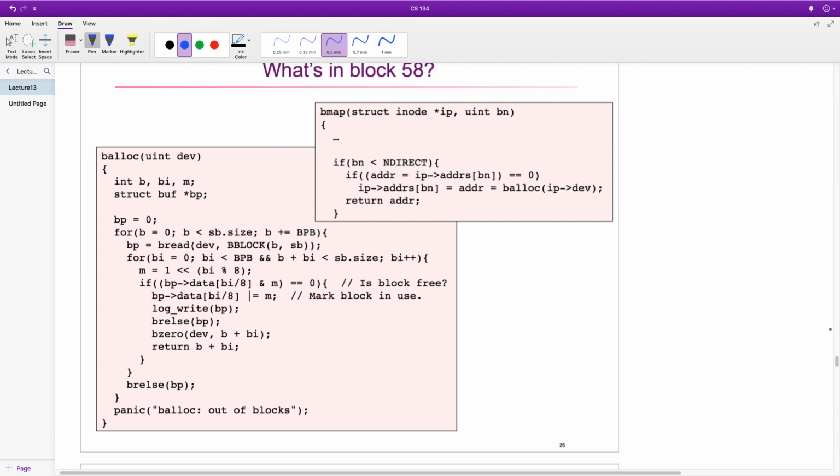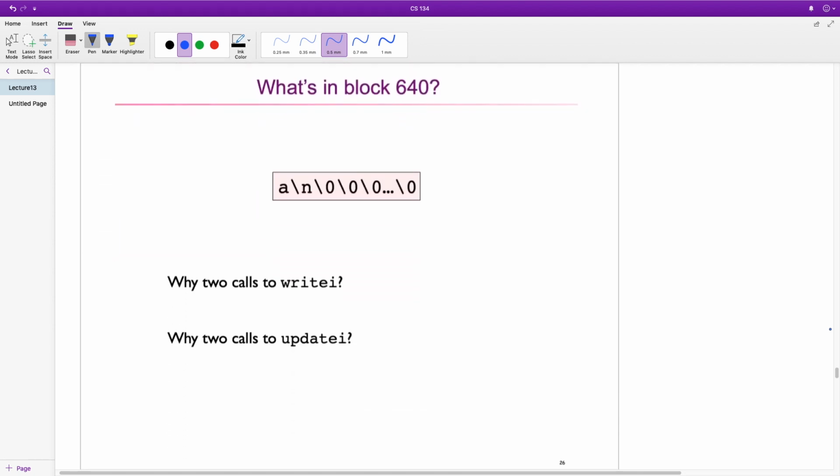And so what we do then is we're writing to the bitmap block, we release it, and then we go ahead and find this block number and zero out and return that as the block number that we're going to be newly allocating. 640, again, a new line, a bunch of zeros.